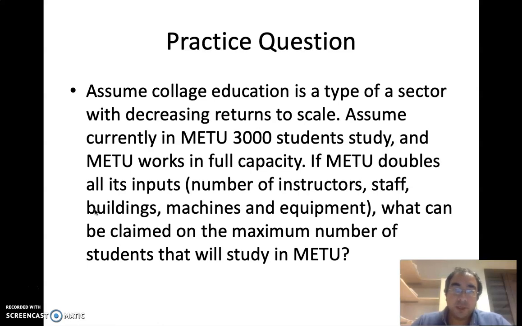Currently there are 3,000 students and Matthew works at full capacity. If Matthew doubles all its inputs, what can be claimed as the maximum number of students that will study in Matthew? Since it is decreasing returns to scale, it will be less than 6,000, so it can be as high as 5,999 students, but not 6,000 or more.